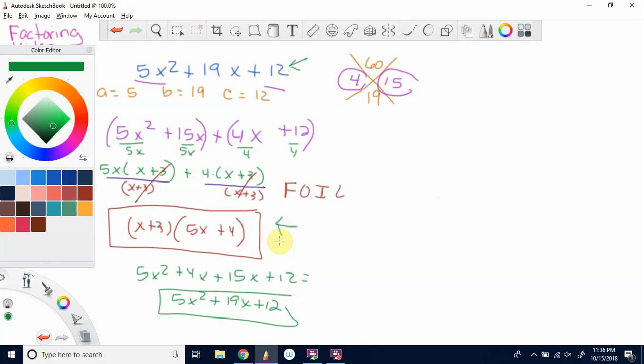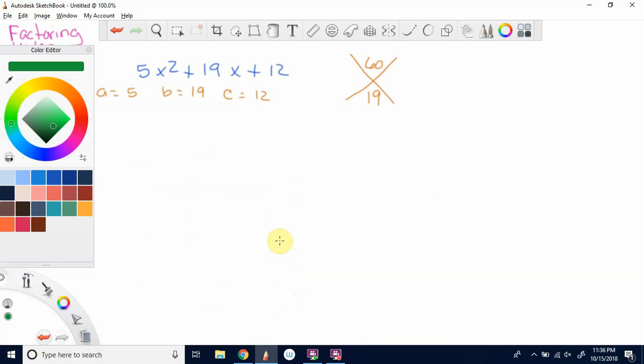To me, that's the one students have the hardest time with. The next method is called the box method. So you're still going to find k1 and k2, and we said there were 4 and 15. So we still do the same: put in standard form, identify a, b, and c, make your little cross with ac and b, and it's 4 and 15. So that doesn't change. So now we're going to make a box with 4 squares.